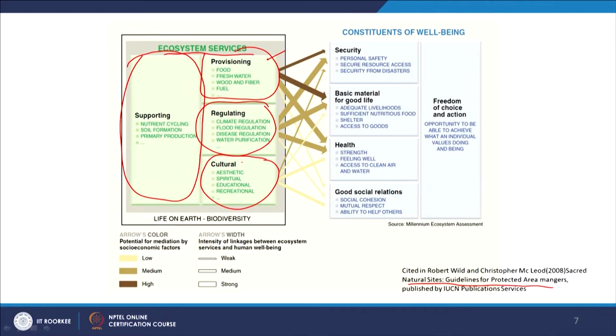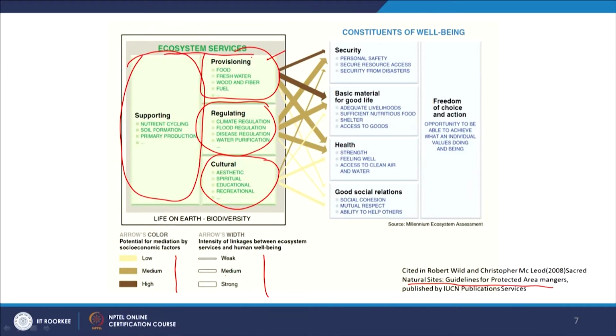In fact, look at how a natural reef somewhere near Mauritius or anywhere protects certain habitats from floods or other climate change impacts.